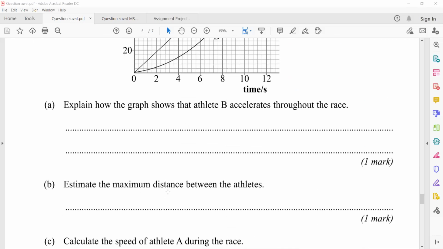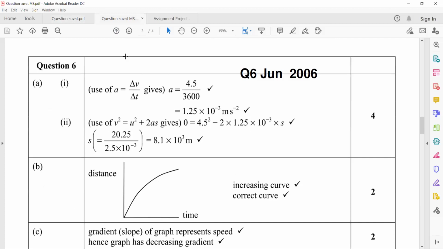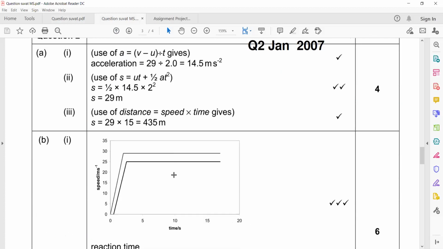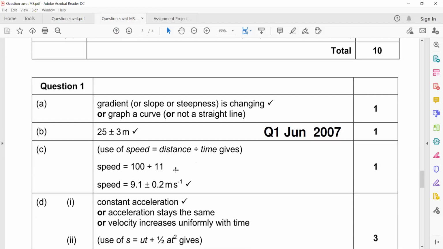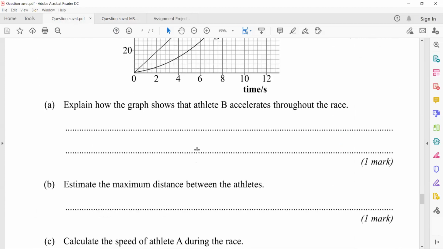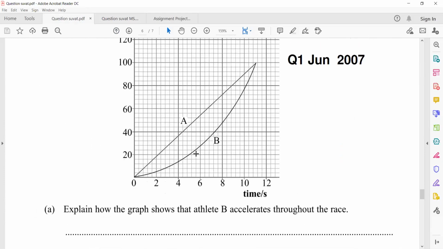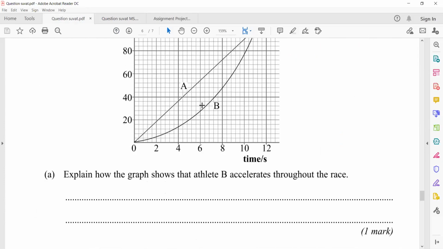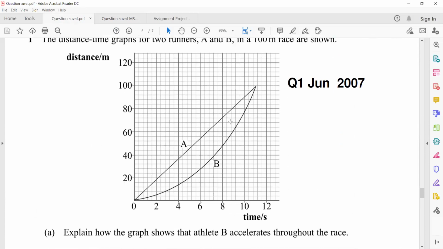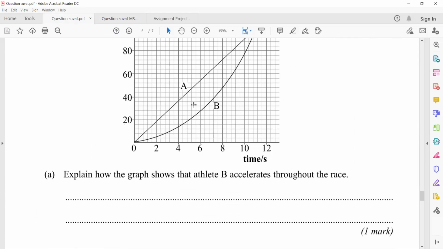So the maximum distance between the athletes. How can we estimate this maximum distance? The graph is there. This is a simple estimation.